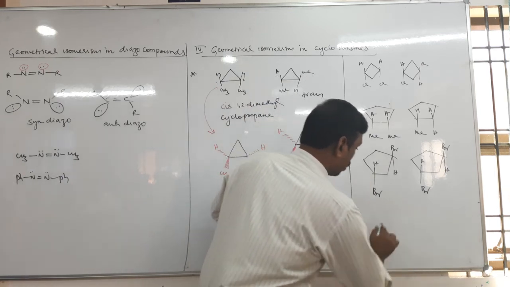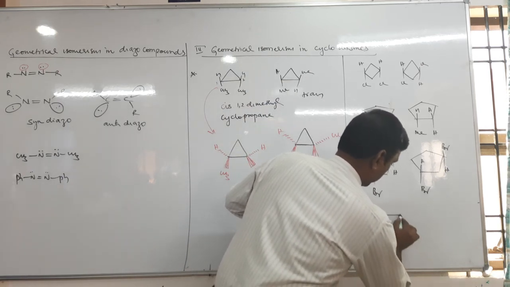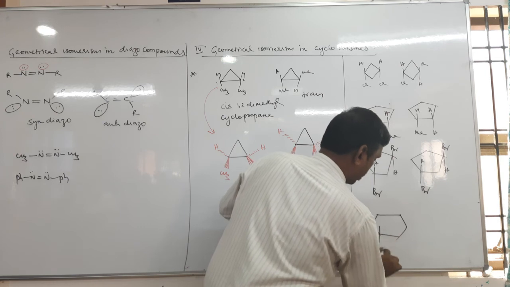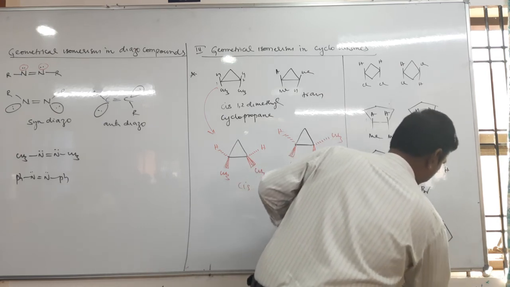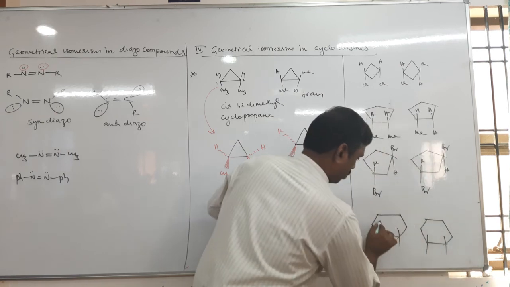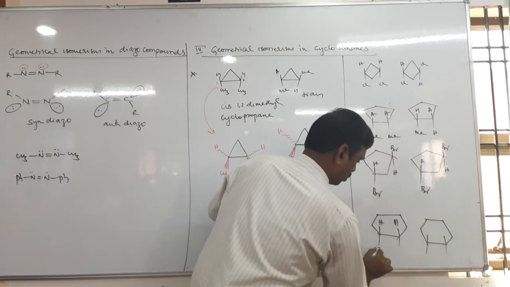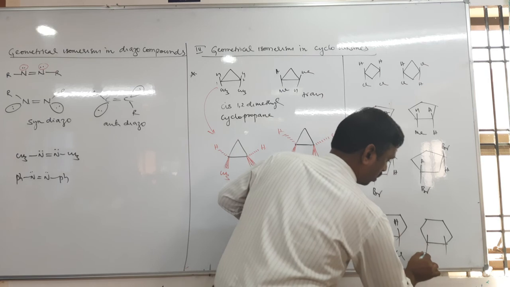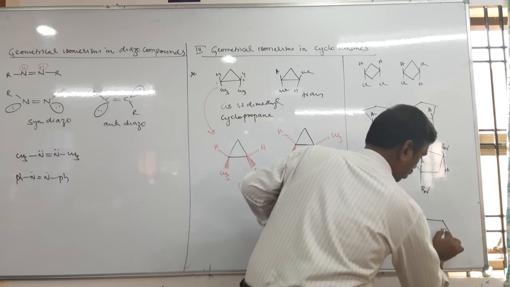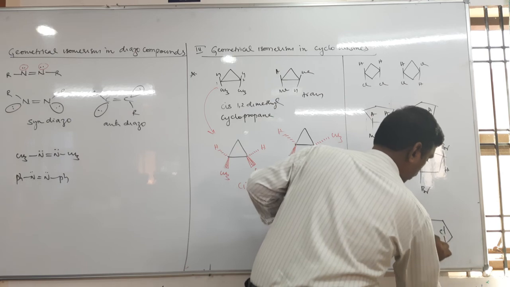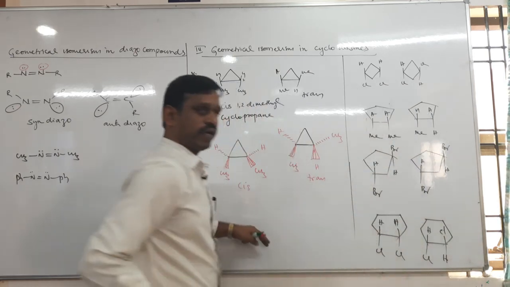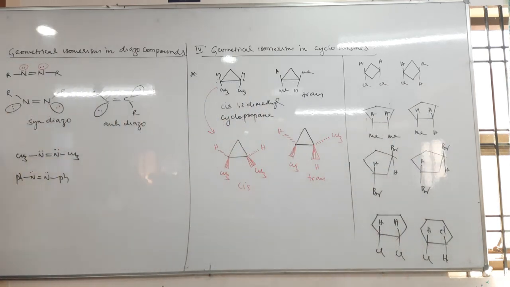Next, cyclohexane. In cyclohexane also you can write 1,2, 1,3, 1,4. Chlorine, H. Write the cis and trans isomers.